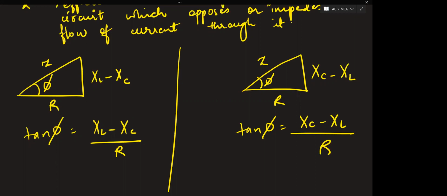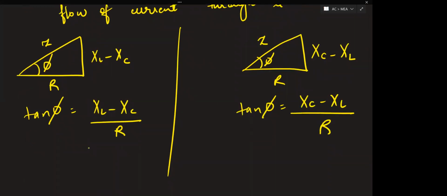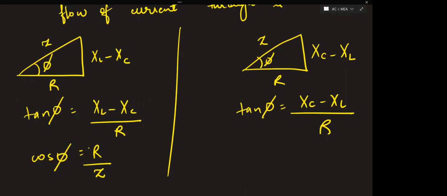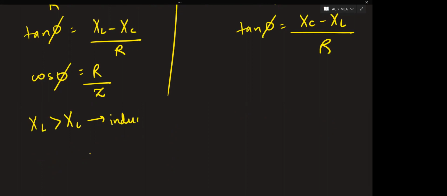If inductive reactance is greater, here cos phi will be equal to base by hypotenuse, R divided by Z. Here, if your XL is greater than XC, the type of circuit that you obtain is called an inductive circuit, because inductance is dominating over capacitance.